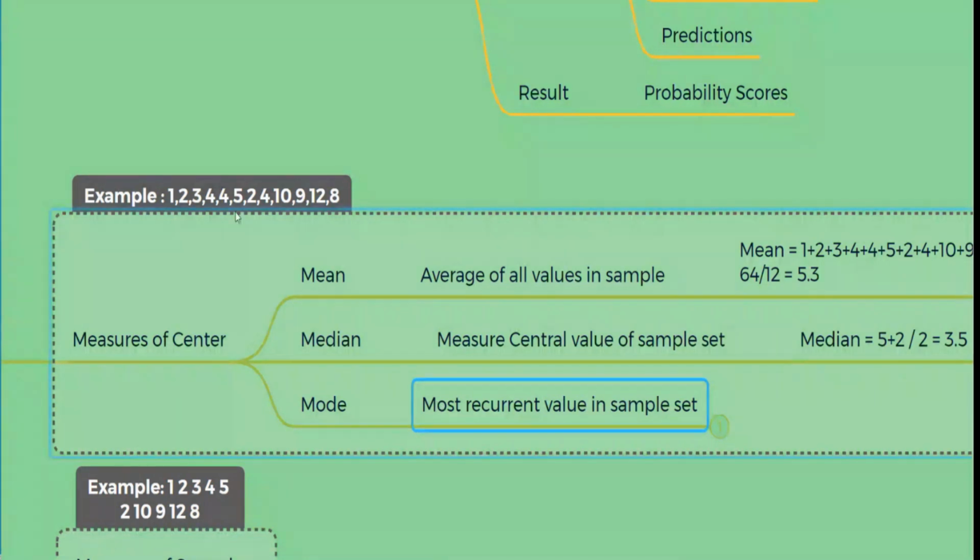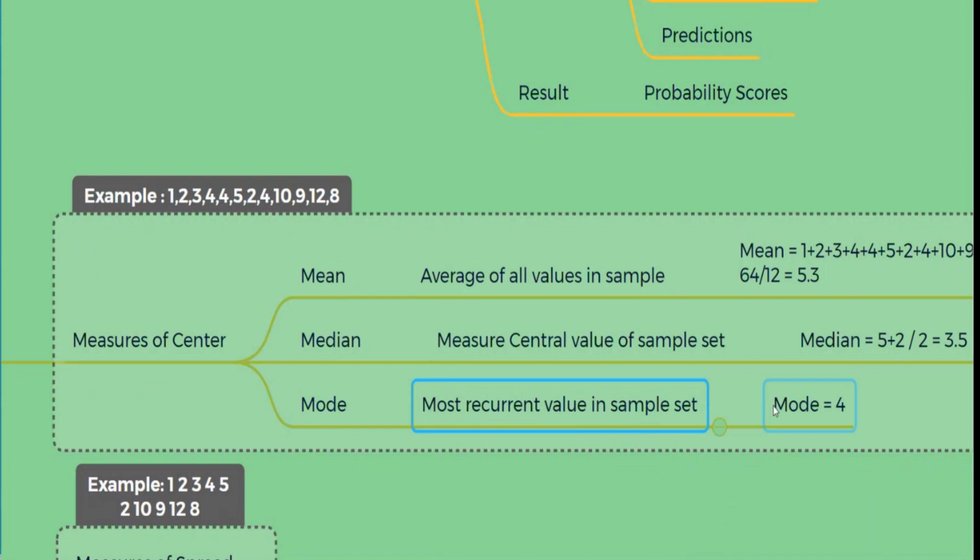If you see our data, the maximum repeated value is only one, which is 4. So 4 is the maximum repeated value, and our answer is also 4. Mode is equal to 4. This is how we calculate the mode value.